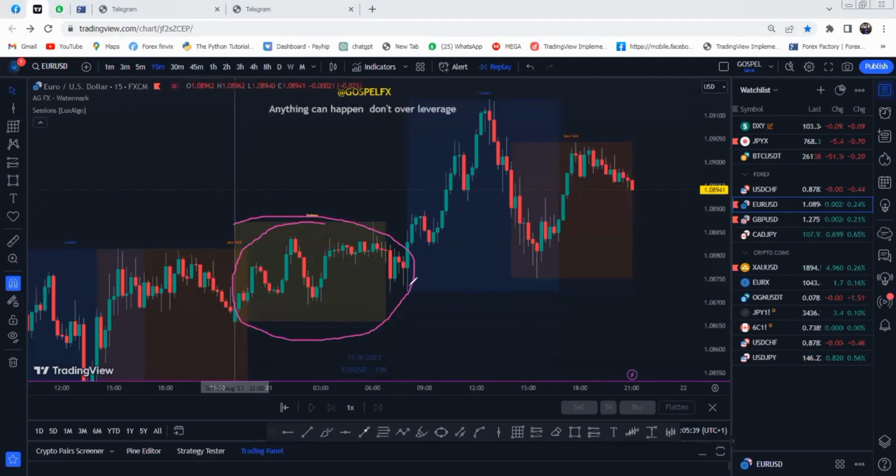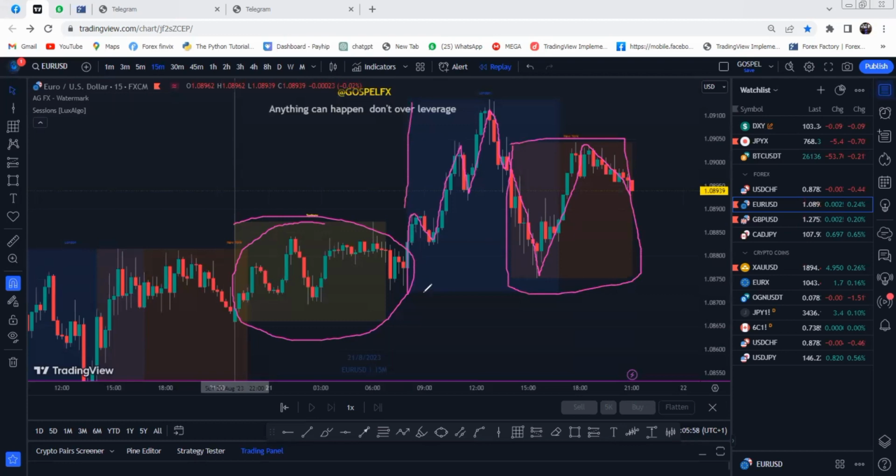But now, when the London session opened, what happened? Price started trending up. And now when it pulled back down, the New York session opened, and then another volatility came into the market. And you can see now that the New York session is still open.